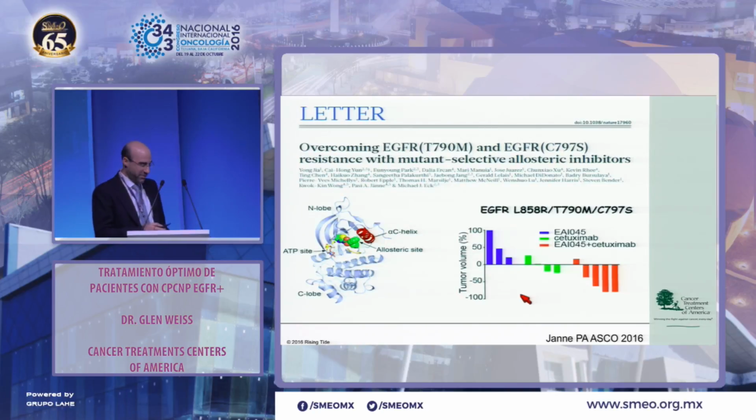So from this paper also by the group at Harvard and Dana-Farber, Paciani is first author here, and published looking at this mutation C797S, and with a new molecule that is not yet in the clinic, I believe, called EA1045, along with cetuximab, in cell culture and in vivo experiments, you can get a higher degree of tumor death and tumor shrinkage with the combination of this drug in samples that have this triple mutation.